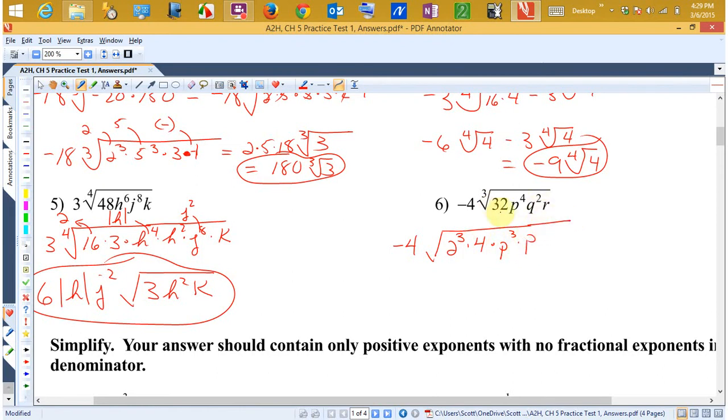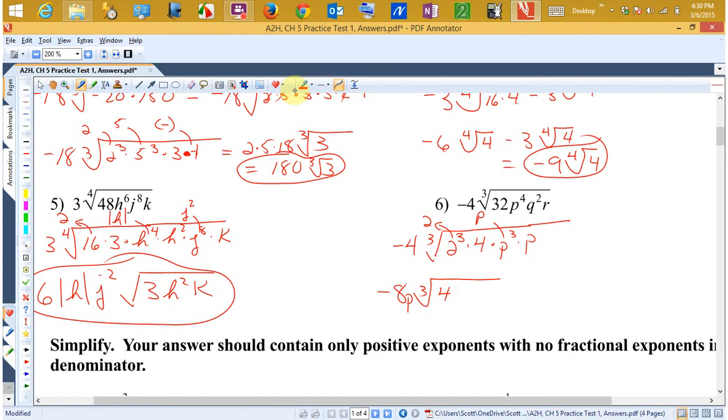I've got q squared. That's not going to be able to be made any simpler to come out, so I'm ready to take some numbers out. The 2 cubed comes out as 2. The p cubed comes out as a p. So I have the 2 times a negative 4, that's a negative 8. And then I have a p also. And what's left under is the 4.